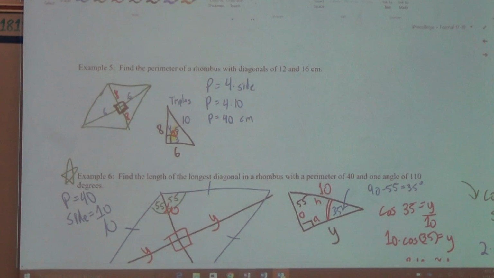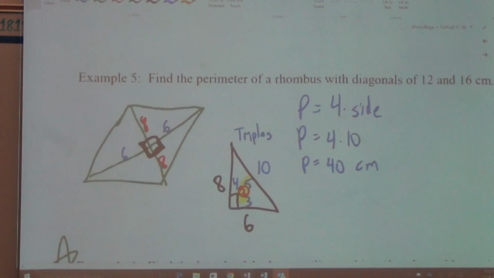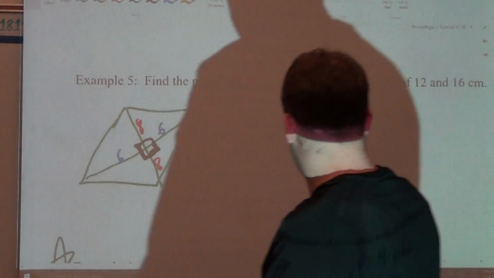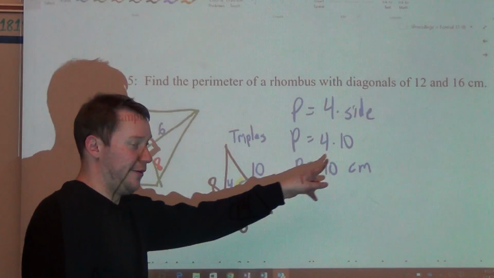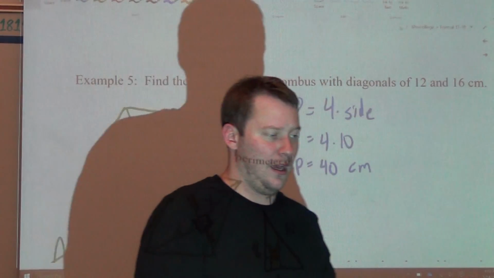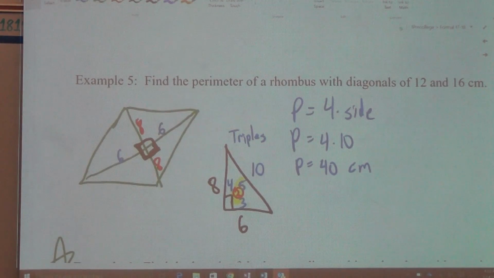We should be at 40 centimeters for the perimeter. It would be centimeters squared if it was an area idea, but this is a perimeter idea. It's adding up one-dimensional units to get centimeters.